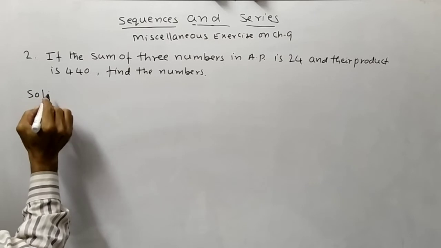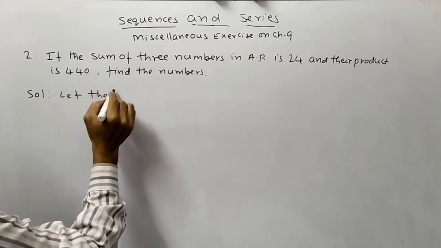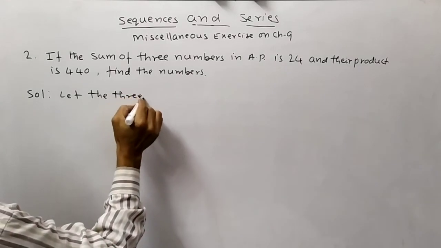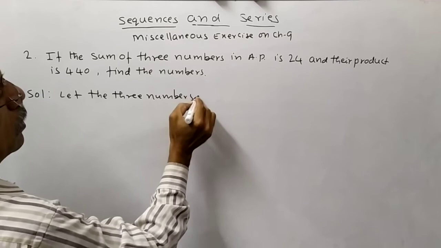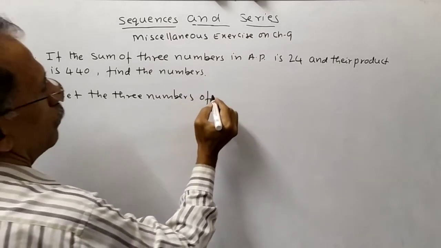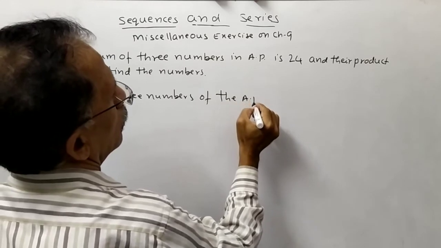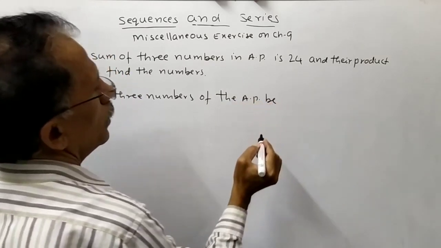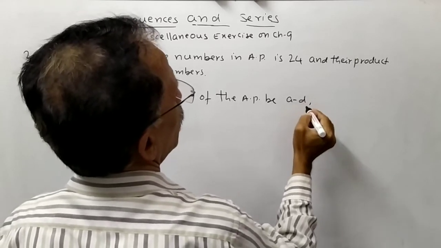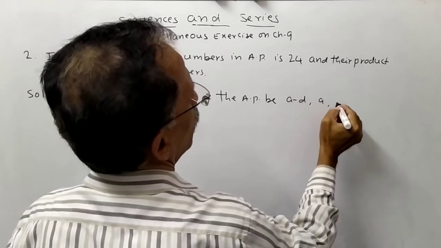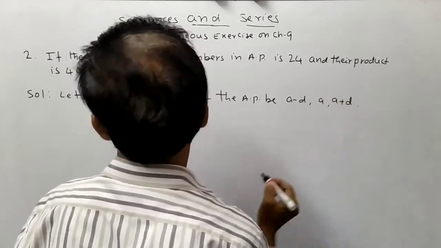Let the three numbers of the AP be A minus D, A, A plus D.